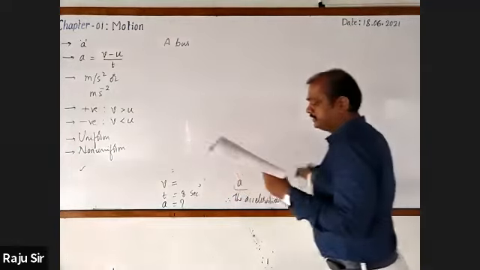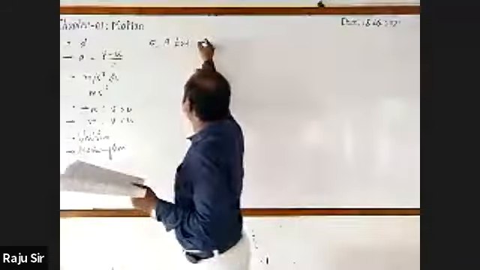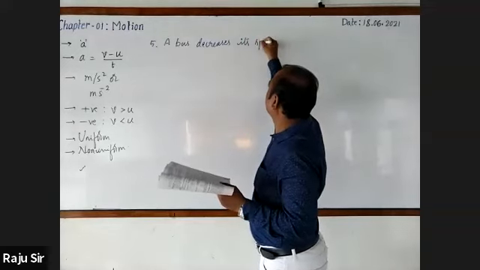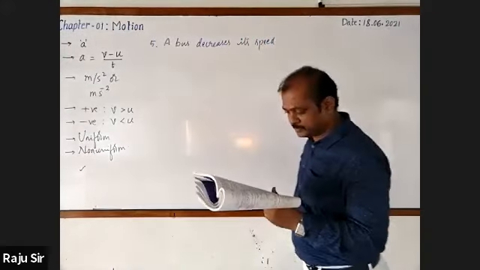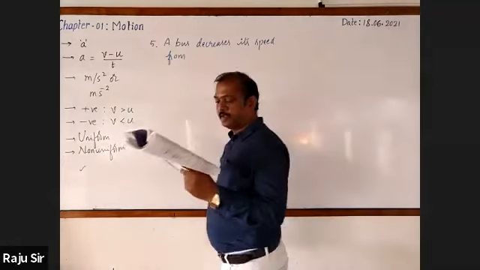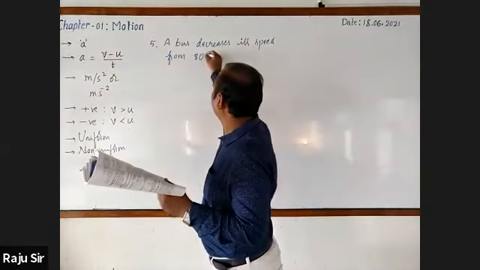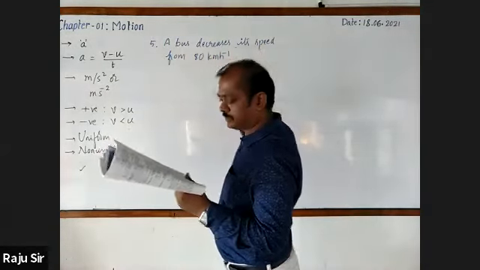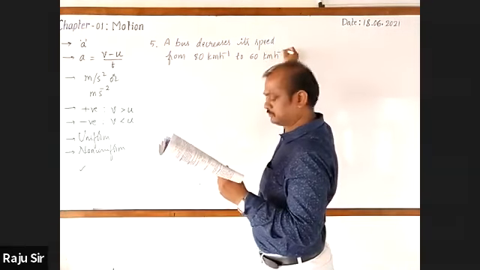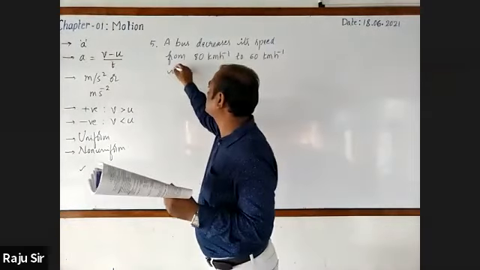A bus decreases its speed from 80 kilometer per hour to 60 kilometer per hour in 5 seconds.